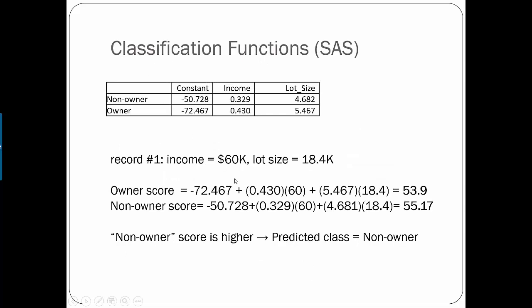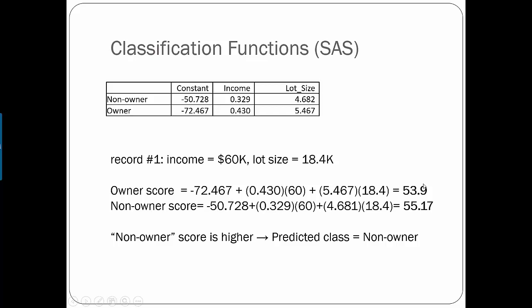So here in this example, again we're going back to the owner and non-owner riding lawnmower case. When you run this in SAS, this is the discriminant function that you get for non-owner, and this is the discriminant function you get for owner. Then you have a record, you plug in the values into this function, and you get the discriminant score.